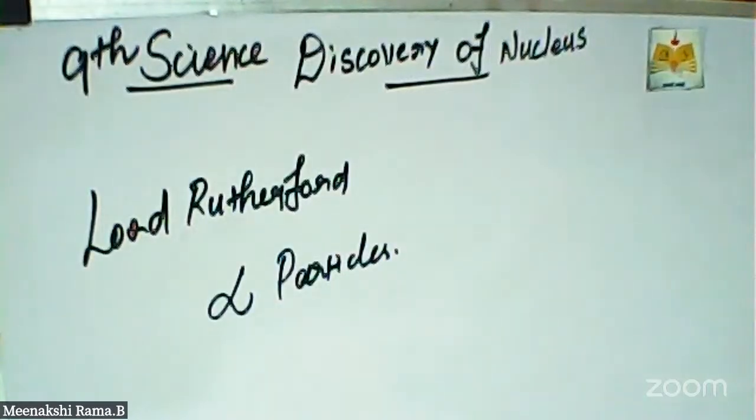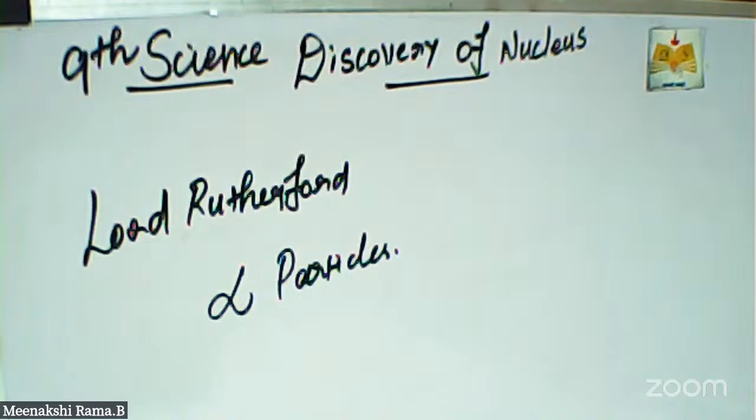Yes, he took that gold foil for his experiment. He bombarded alpha particles through that gold foil. He selected gold foil because it is a very thin layer, so the experiment is possible to do.